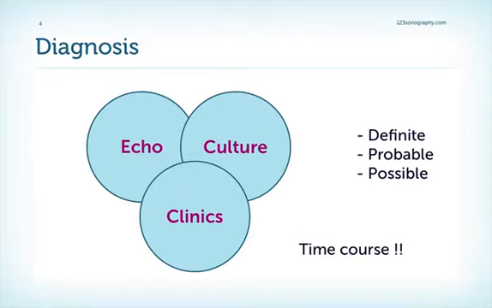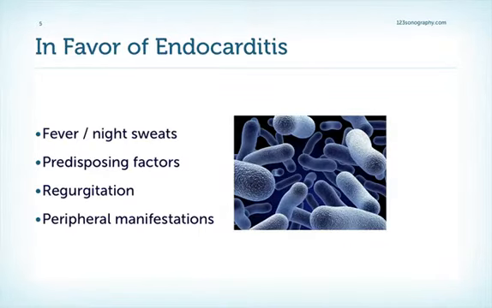And together with the echocardiographic finding and the microbiology, we can make the diagnosis of endocarditis being either possible, probable, or definite. So what speaks in favor of endocarditis from a clinical perspective? Fever and night sweats, and the presence of predisposing factors. We talked about these two issues already.